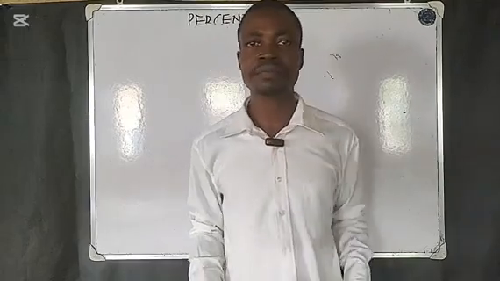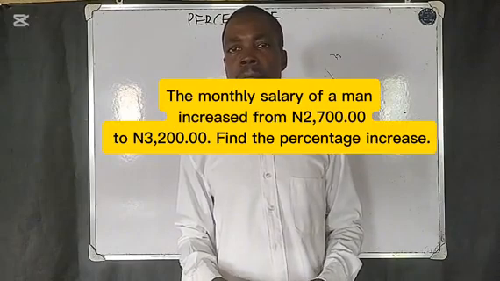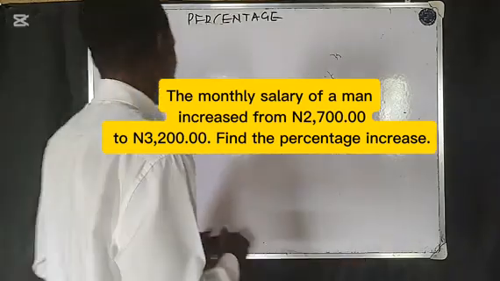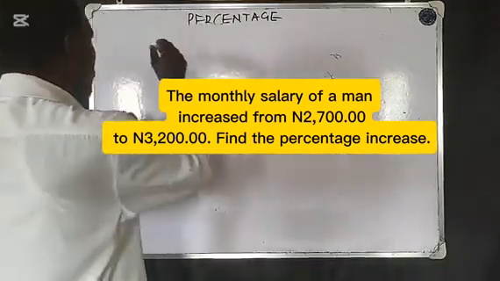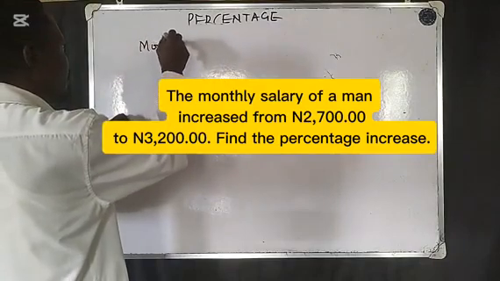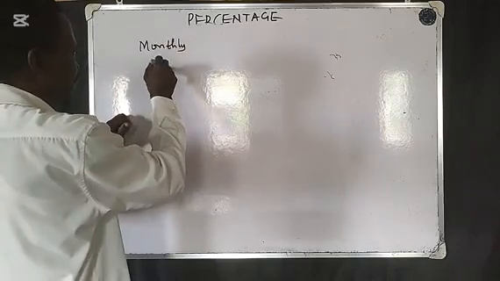Give me the next one. The monthly salary of a man increases from 2,700 to 3,200. Find the percentage increase. Monthly salary, right? Initial salary is what?